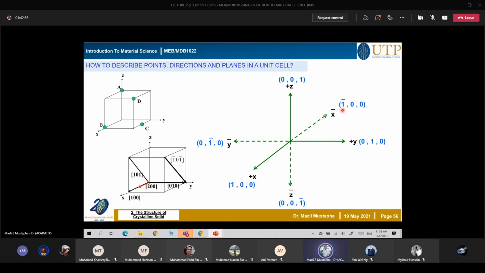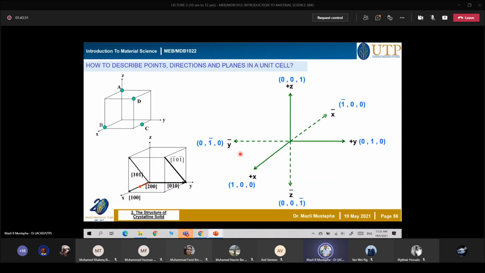This is just a coordinate to describe a point, not yet the direction and planes. The coordinate for this one is 100, and for this one it is minus 100. Similarly for the y-axis, this one is 010, meaning we are moving in this direction: the right hand side is 1 and the left hand side is minus 1.